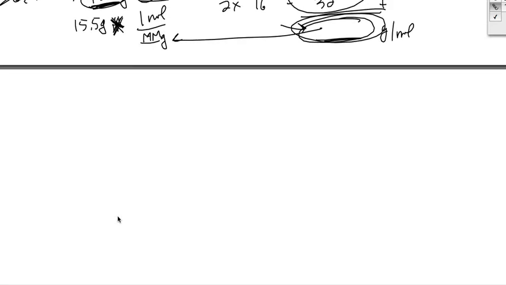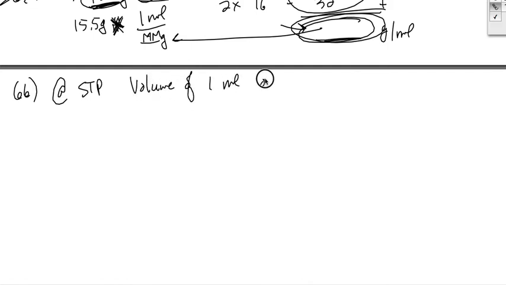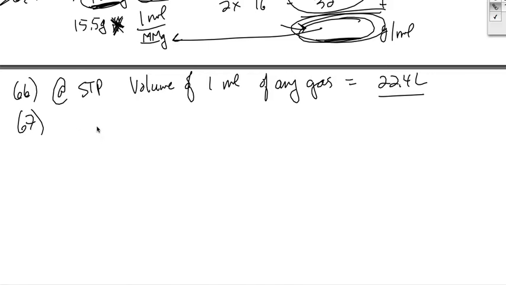Let's look at 66. Is just seeing if you know. It says, what is the volume of 1 mole of any gas at STP? So at STP, volume of 1 mole of any gas is 22.4 liters. Done. Okay? So that being known, now we can go and say number 67.